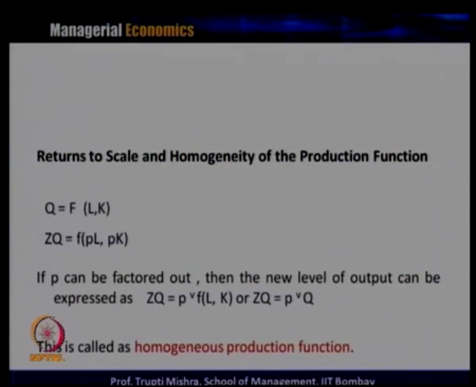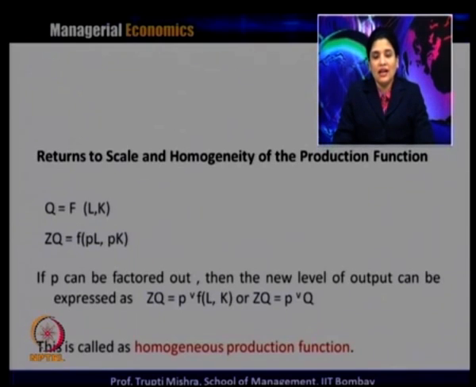Taking the same production function where Q is equal to a function of labor and capital, both inputs are changed by the proportion P with respect to both L and K, and the output changes by the proportion Z. Then the values of Z and P decide the return to scale. But here we will understand how, on this basis, to find out a homogeneous production function.